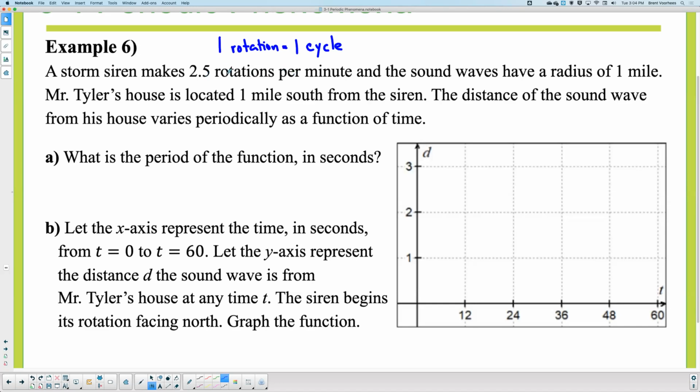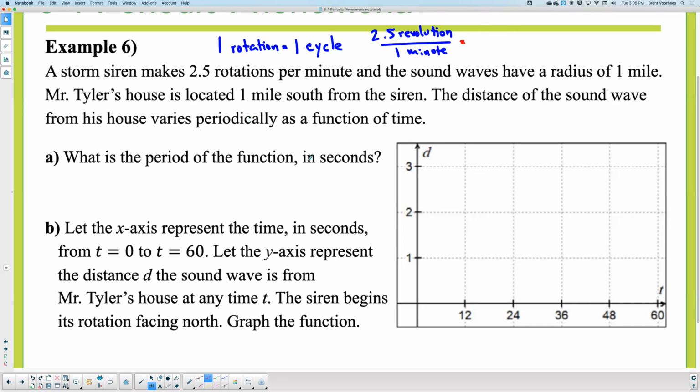So it's saying 2.5 rotations, which some people will call a revolution, per 1 minute. If you had to convert, the 2.5 revolutions, that's a full cycle or a period. Rotation is the same thing as a revolution, and all of that is equal to 1 period.